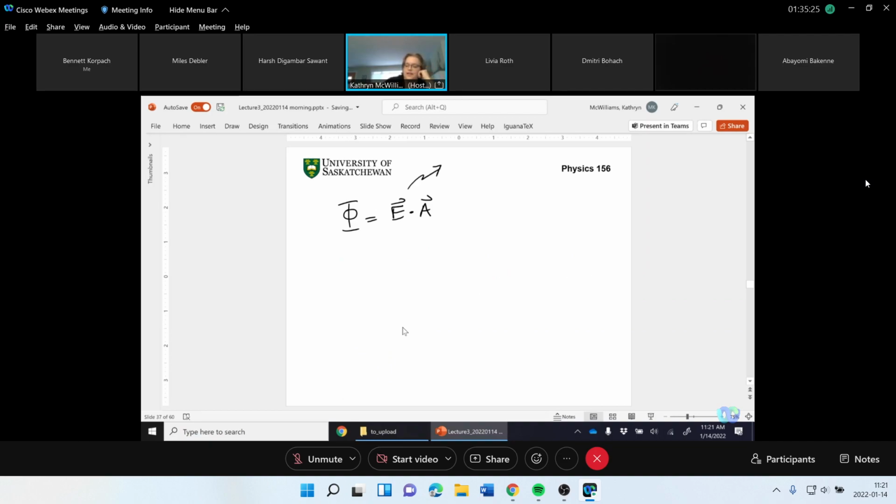E has the same magnitude at all points on the sphere because we have a constant R. So the electric field is the same value everywhere on that surface, so we don't have to worry about E being different in different places. So we get 4 pi r squared, that's our A, times KE Q over R squared.